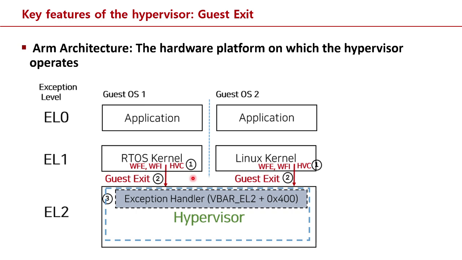A virtual interrupt is only signaled with the support of the GIC, which stands for Generic Interrupt Controller. The Generic Interrupt Controller is the interrupt controller designed by ARM Corporation. With this feature, the virtual interrupt can be signaled from the peripheral. The virtual CPU and virtual interrupt are important features of the hypervisor that are supported by ARM architecture.